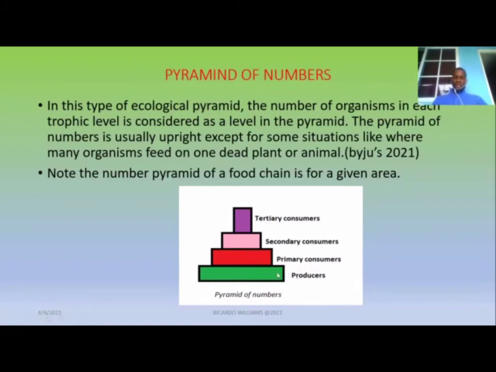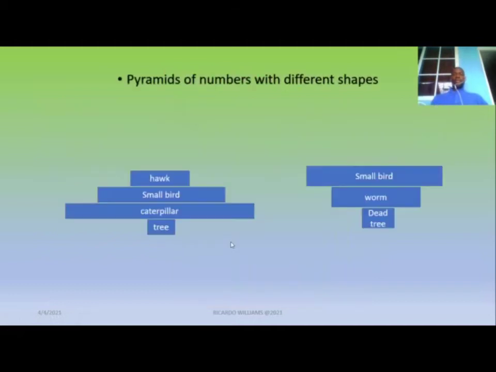Now, based on the segments that we draw here, everybody realize that the producers have the largest numbers, and then the primary consumers have the second largest numbers, and then the secondary consumers and tertiary consumers follow on down the line.